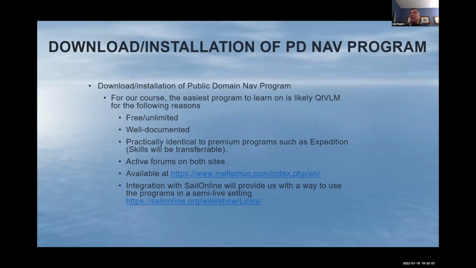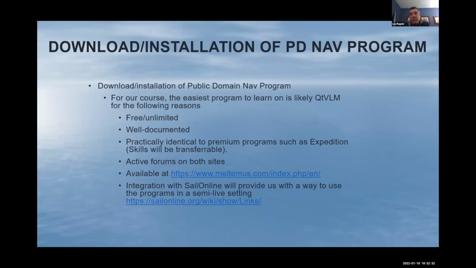The documentation is very good between what's available on YouTube and what is available online at Meltimus. I knew a little bit about Expedition before I ever used this to do online racing, and so many of my skills were transferable. I knew how to do it in Expedition.